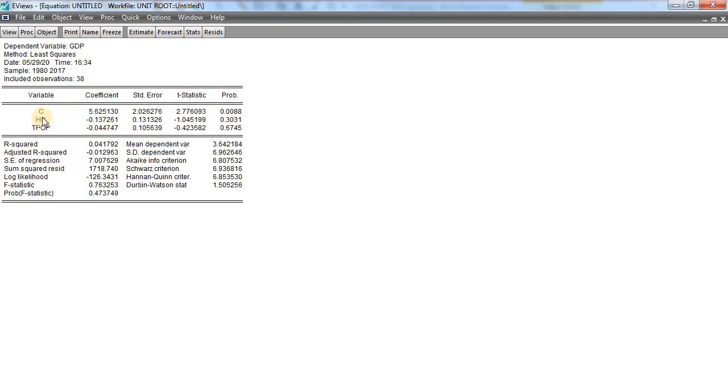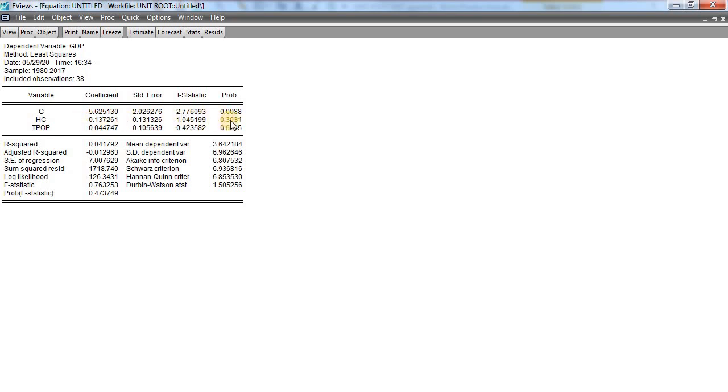Likewise, the human capital index is showing us that if human capital increases by 1 unit, GDP will decrease by 13%. The reverse is the case. If human capital decreases by 1%, GDP will increase by what? 13%.